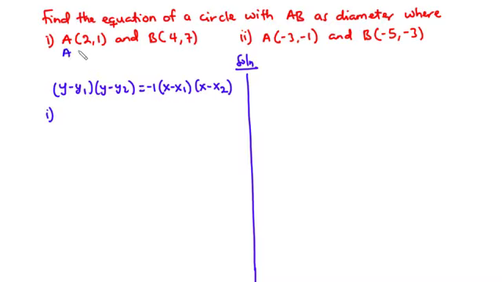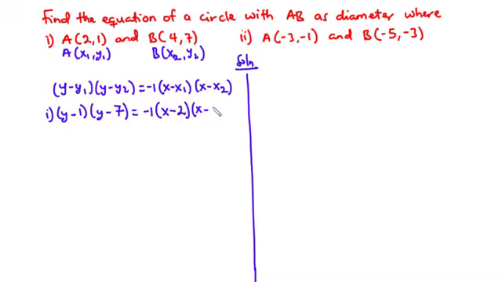So A is x1, y1, and then B is x2, y2. So we have y minus 1, and then y minus y2, we have y2 to be 7, equals -1 times x minus 2, and then x minus 4.